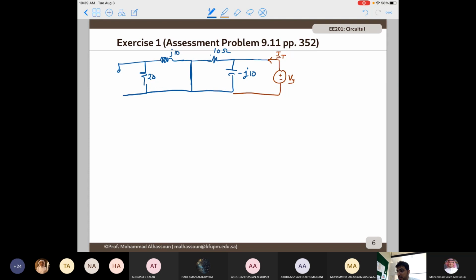So the parallel combination is 0. And we can see that Z Thevenin equals V test divided by I test. I test, by KCL, is the current here plus the current here. So it's going to be V test divided by 10 minus V test divided by j10.